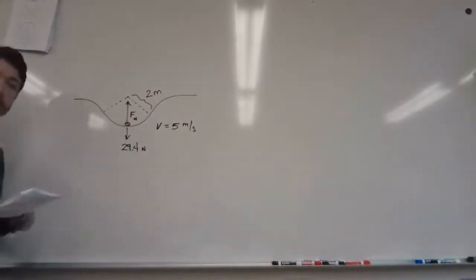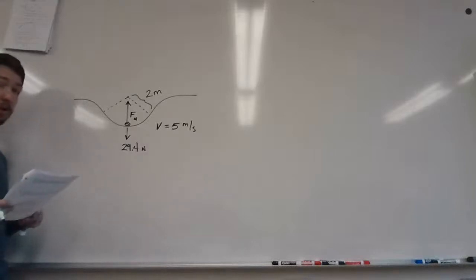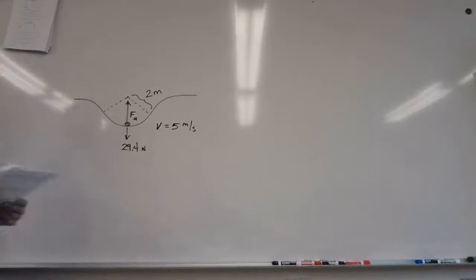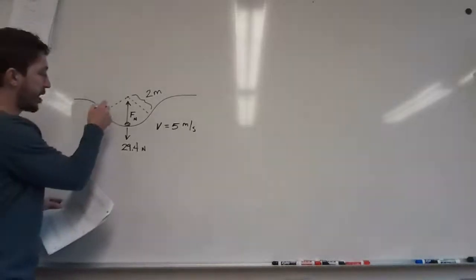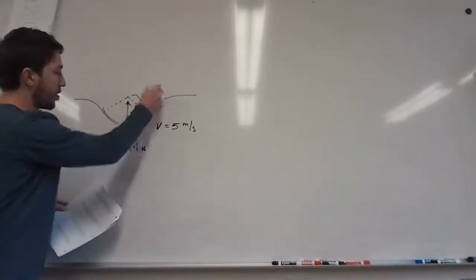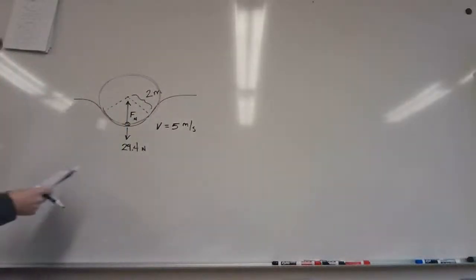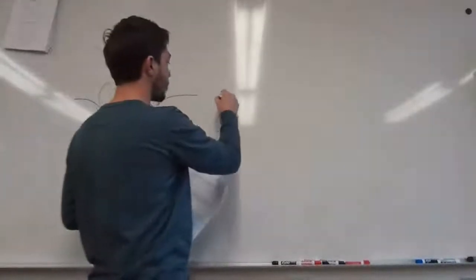This time you should be expecting a large normal force vector because again, the net force has to point towards the center of the path. This path being this circle here. You can draw the whole circle if you want.